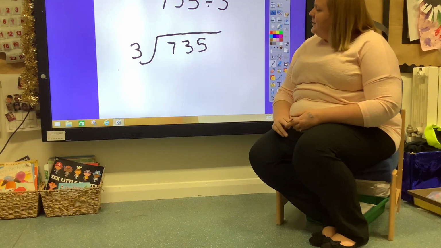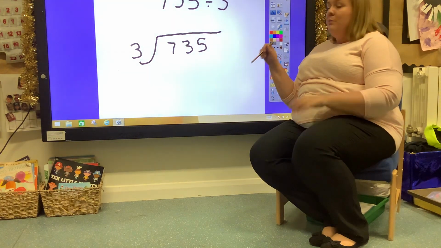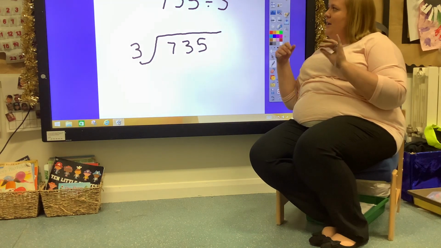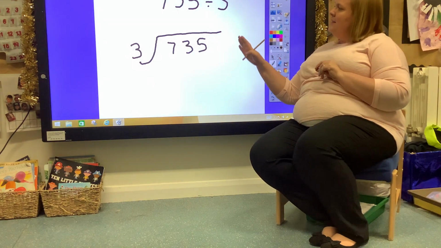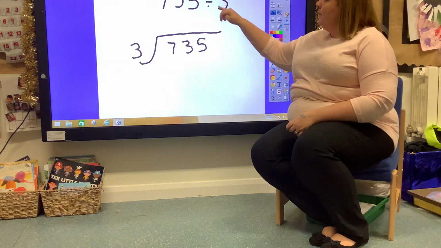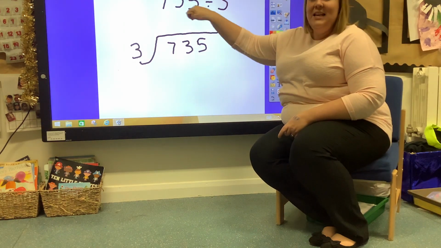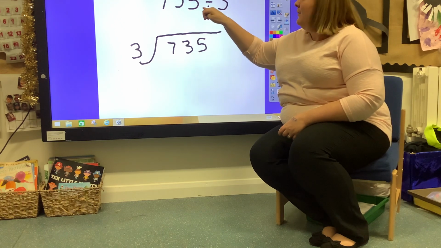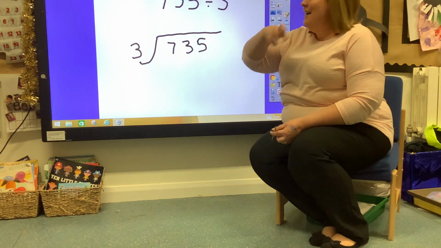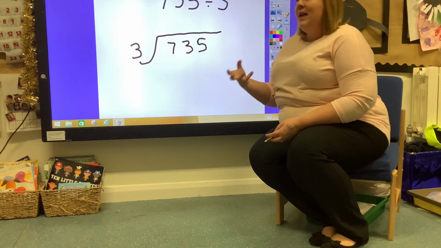So it's important when we're thinking about the written methods of division that we are thinking about division in a way that recognises we are looking at the number of groups of 3 we can fit into 735. So if I was going to break that into groups of 3, how many groups of 3 would I be able to make from it?